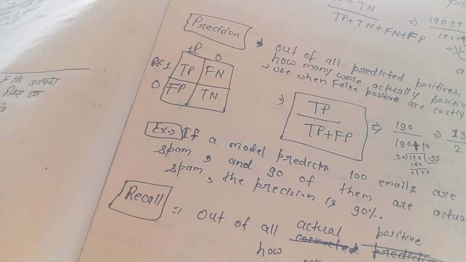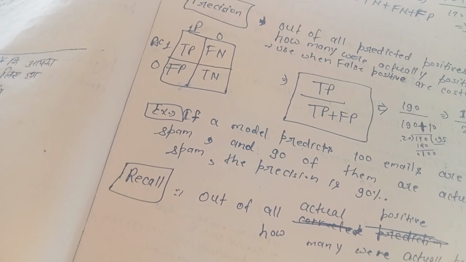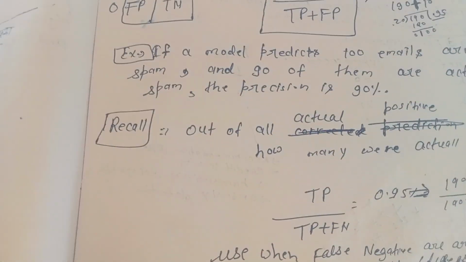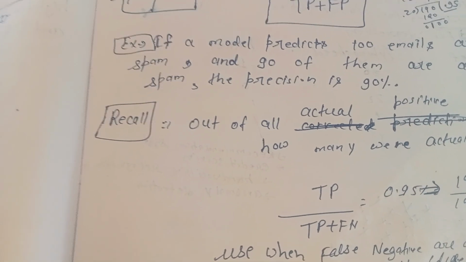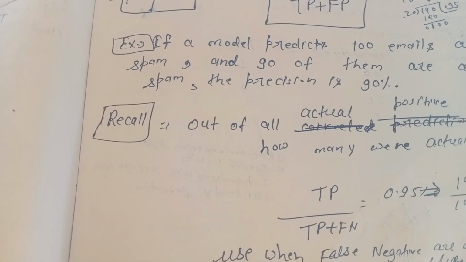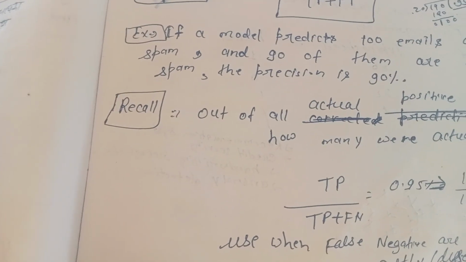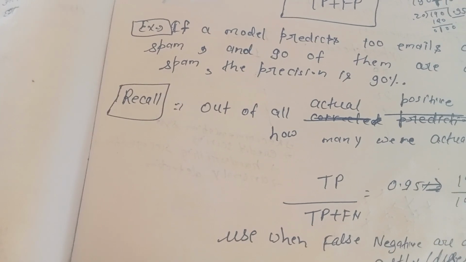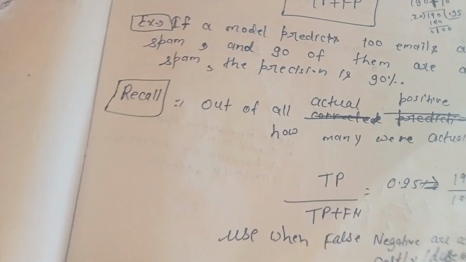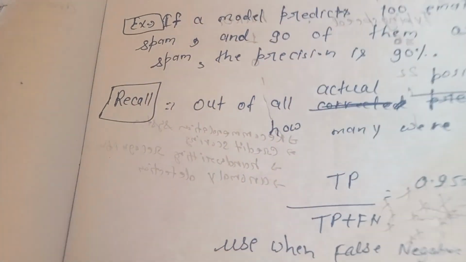So recall is true positive divided by true positive plus false negative. Use when false negatives are costly, for example in disease detection, and the recall is 95%.